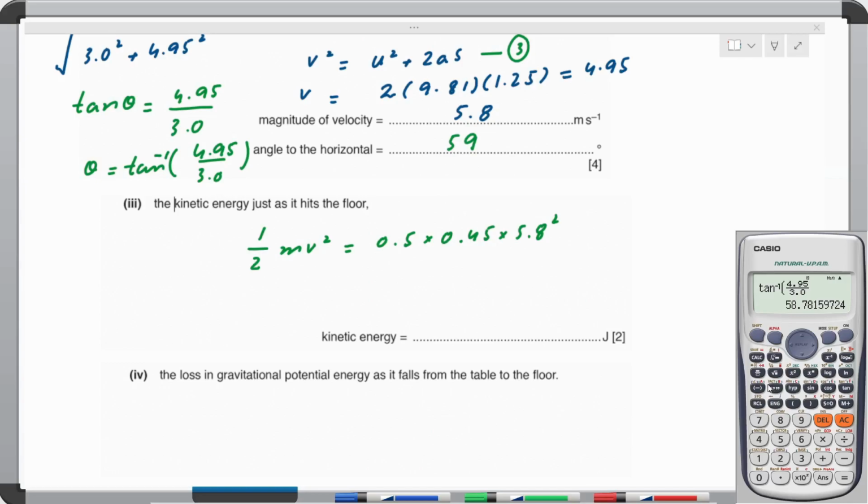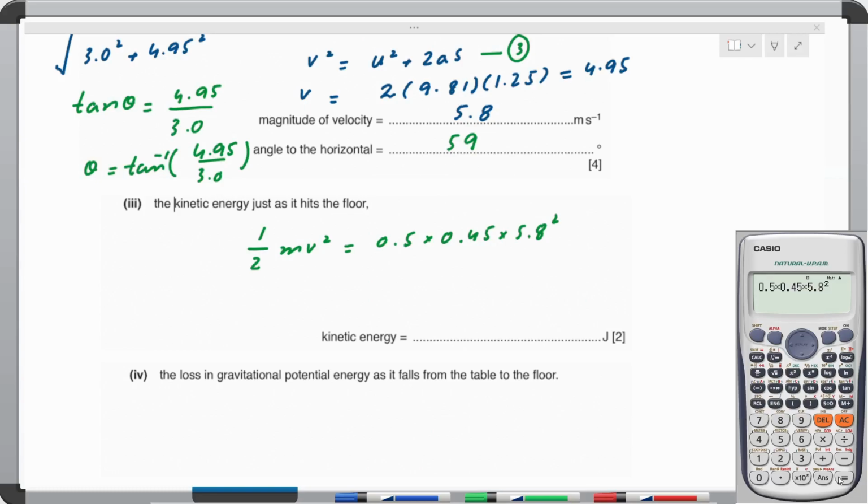So 0.5 times the mass, 0.45, times 5.8 squared, and we hit it on the calculator, and the answer that we get for this one, let me press the equals button, is 7.569.